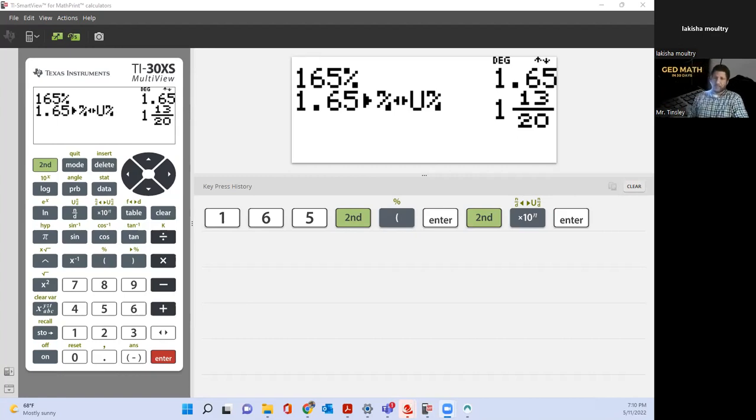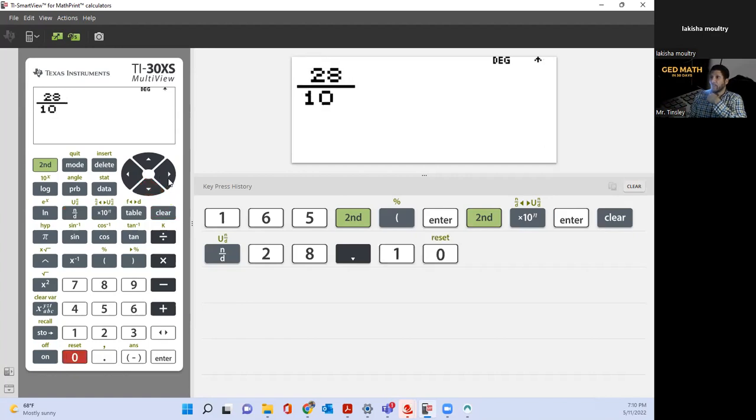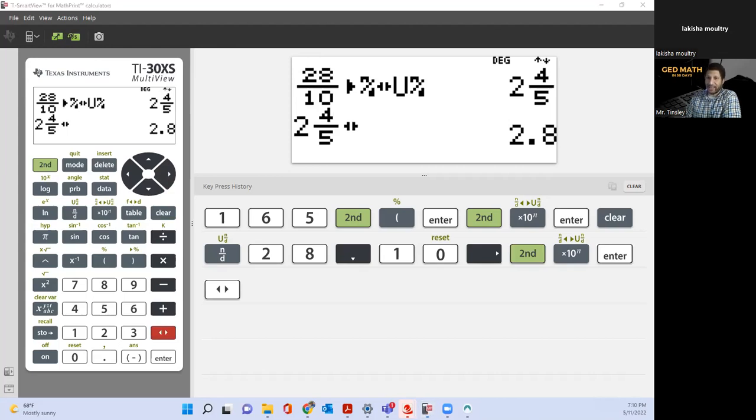You want to practice enough so that when you get to this test, and they give you an improper fraction and want you to change it to a mixed number, and you say 28 over 10, you're going to be able to say boom, boom, boom. What's that as a decimal? Boom. You want to be able to do those things quickly.